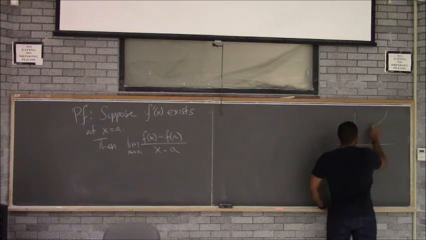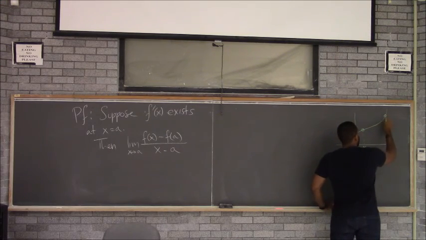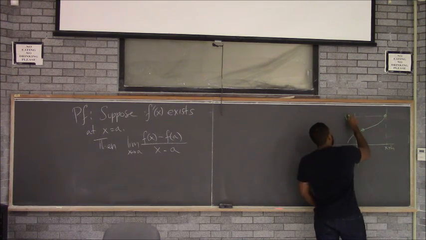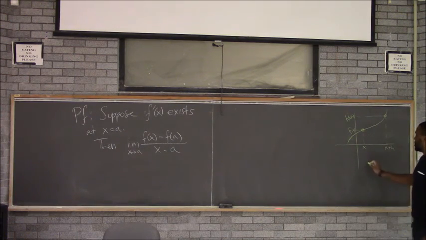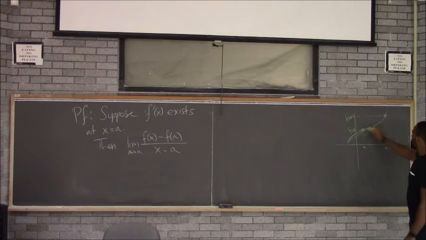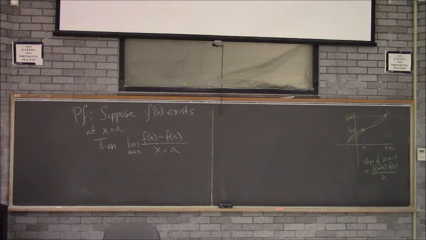So if you look at some curve, remember how we actually found the derivative. If I call this x and I call this point x plus h, and this is f of x plus h, and this is f of x, then the slope of the secant is going to be equal to f of x plus h minus f of x over h. Right?